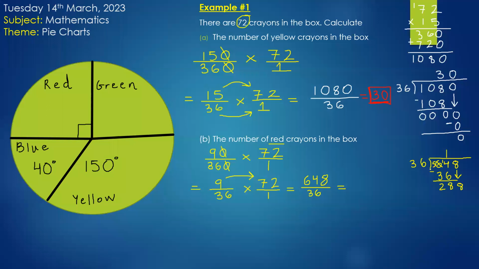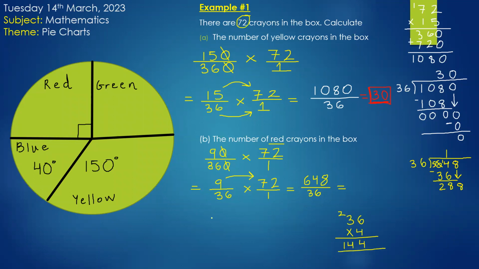Good. 36. We know 36 times 3 is 108. That's going to be too small. Let's do 36 times 4 and see if that works. Four times 6 is what? 24. 4 times 3 is 12, 13, 14. That'll still be too small. Let's try something bigger.